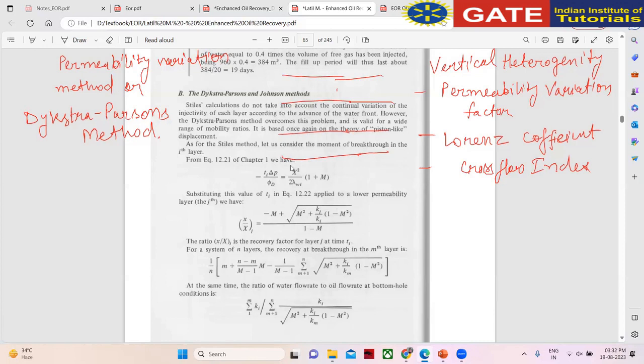There is a formula given by this method, DeCosta and Parkinson.